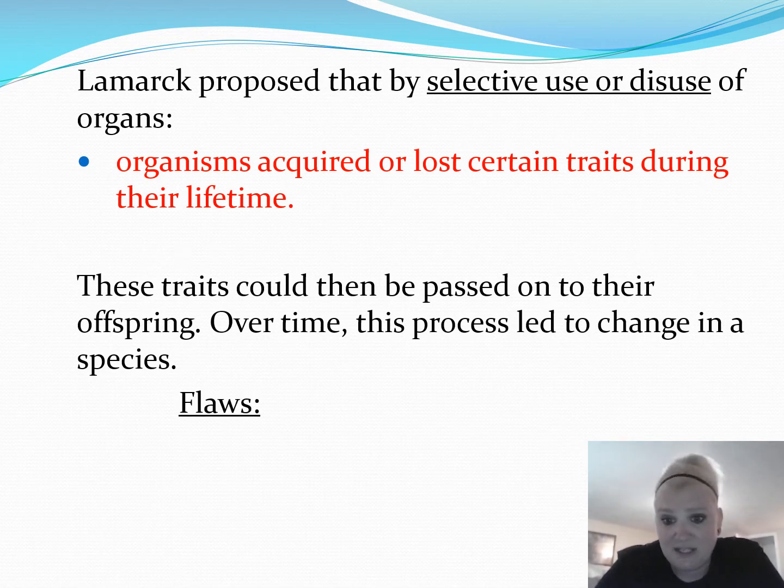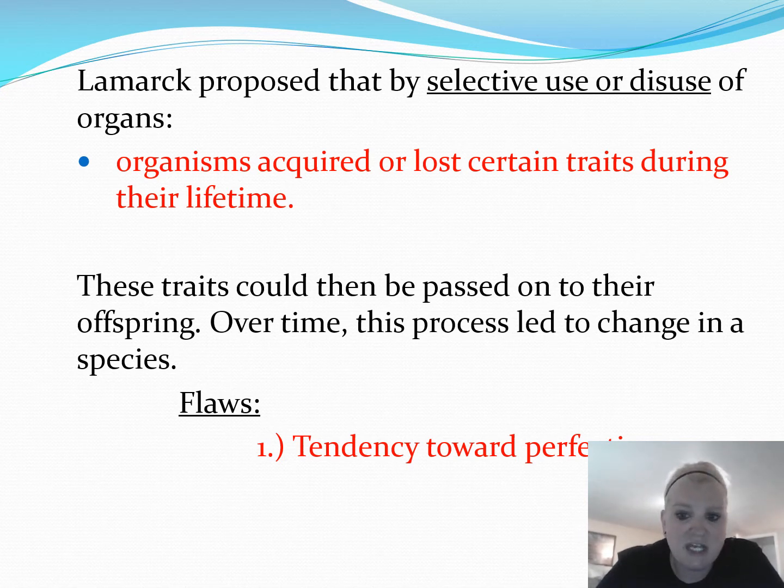There are some issues with this, obviously. The first one is that we have something called a tendency towards perfection, basically stating that in the natural world, we want everything to be perfect in the sense that we are adapted best to our environment, and by removing a body part, it's not necessarily increasing chances of survival.